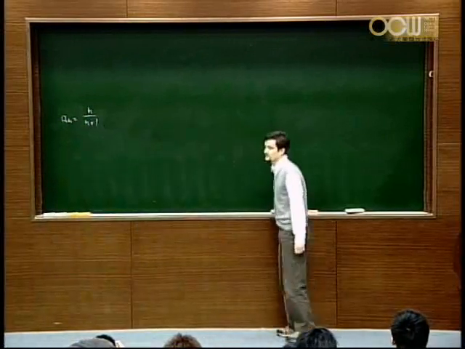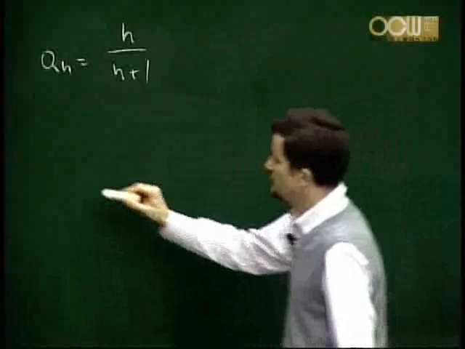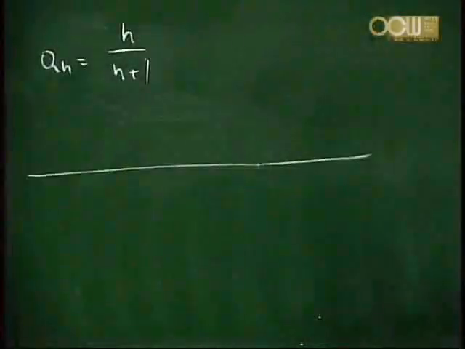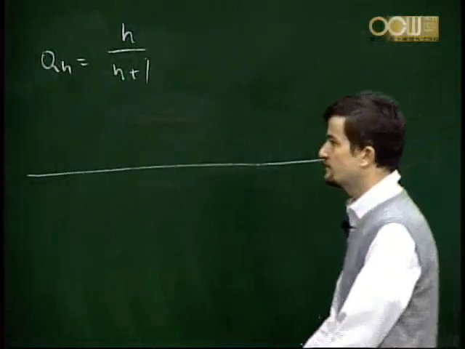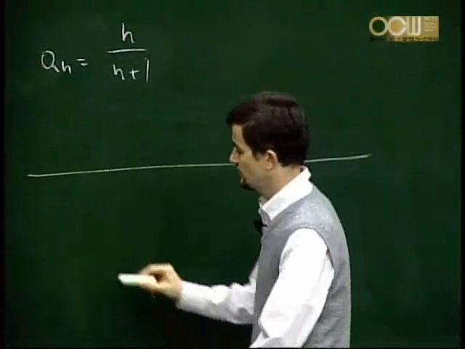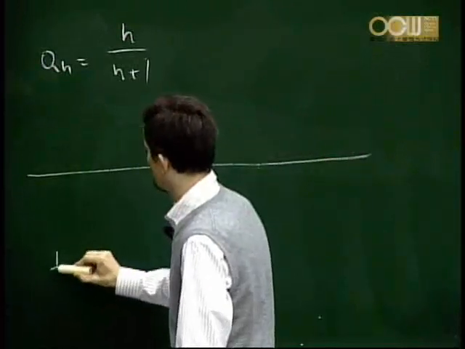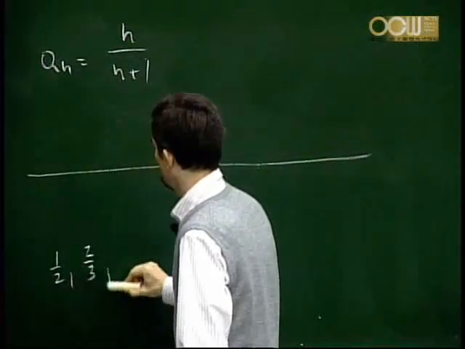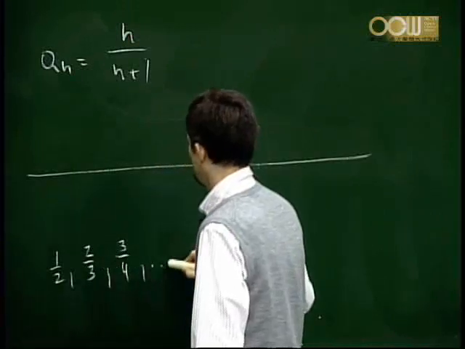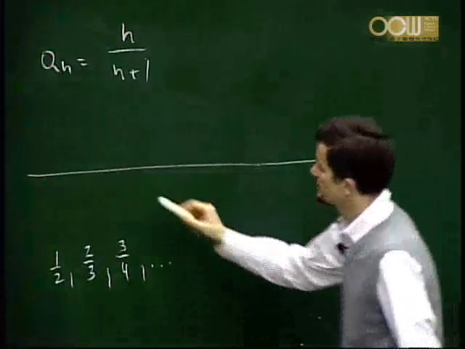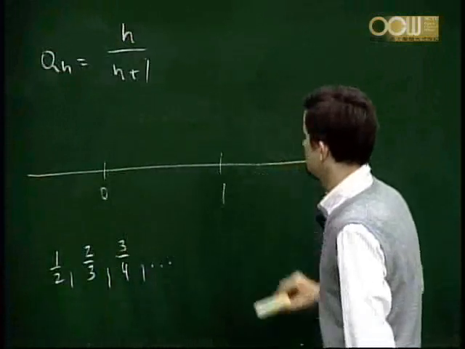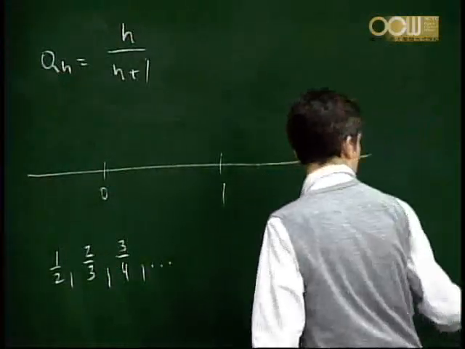So this sequence. Now, if we plot the terms of this sequence, the first term is 1/2, 2/3, 3/4, and so on, then you see that this is 0, this is 1. So the first term will be here.